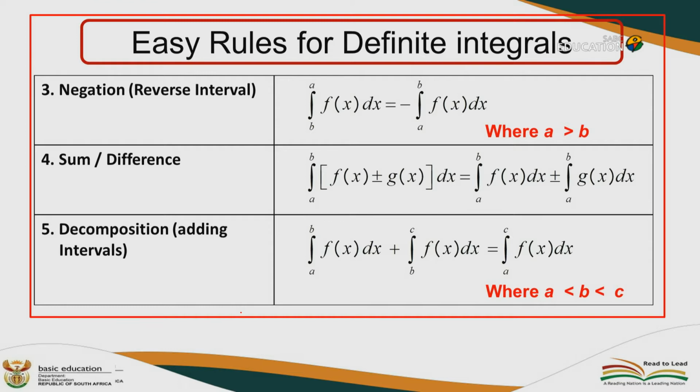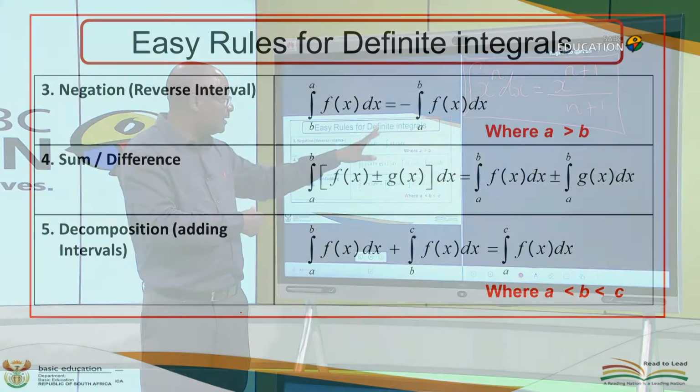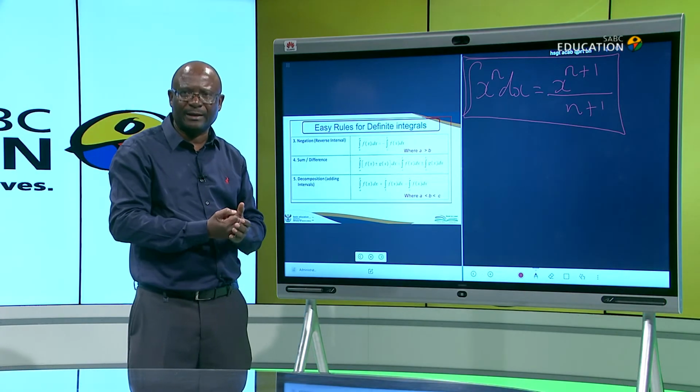That's why on our given integral, instead of A here, we are starting with B, and we end up with our upper limit A, which is not according to the rule. To reverse that process, we must put in the negative sign. That's why we have negative of the lower limit of A and the upper limit of B, as expected.